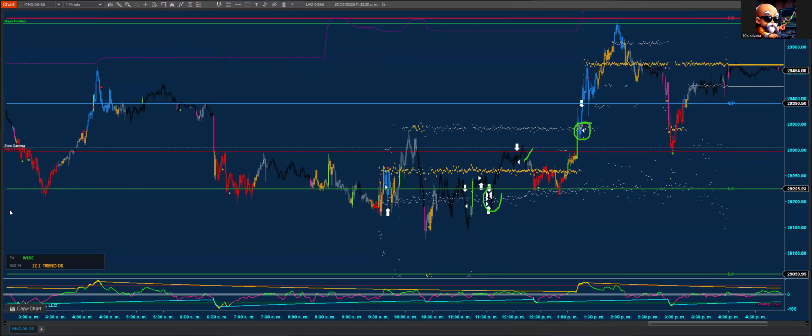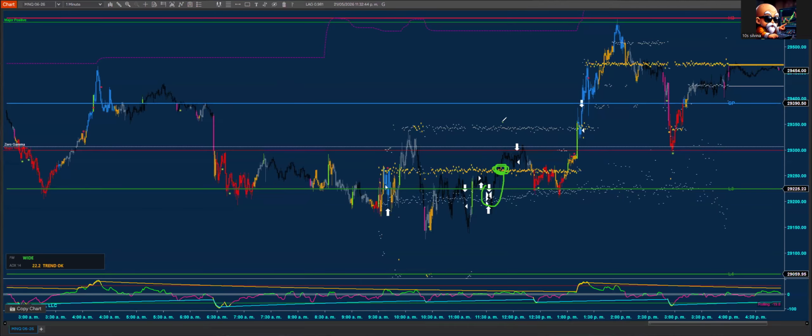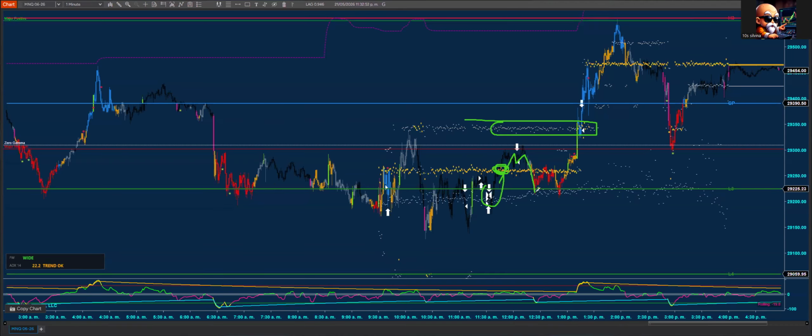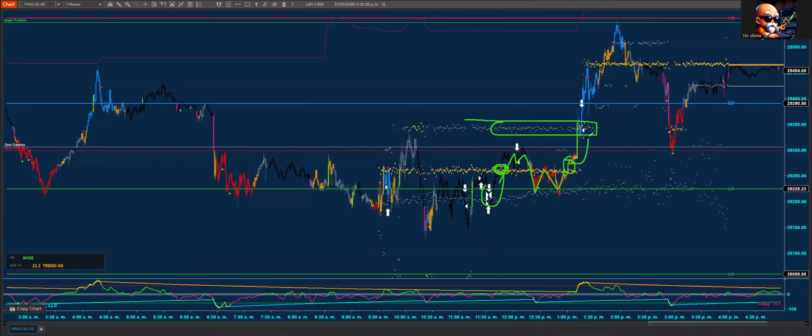So what we want: we start entry on longs, and here is our target domain, the primary domain, and we already have the secondary domain above. So we want a break. Back to the secondary domain, break the primary domain with volume, and push.